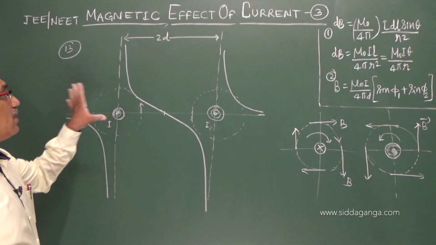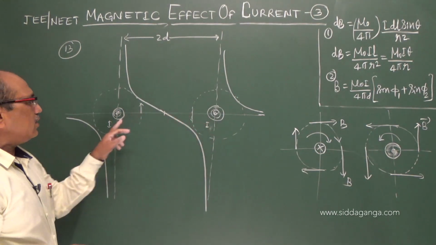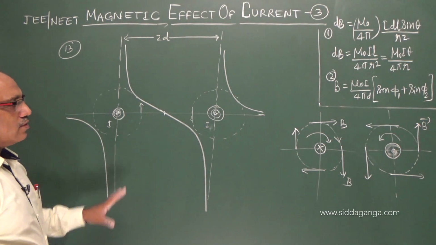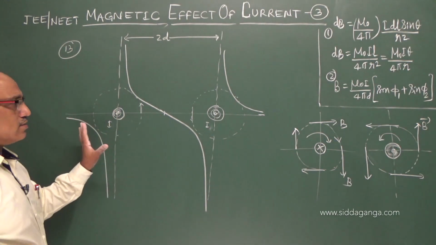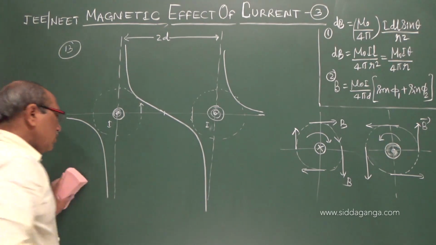This is the nature of the magnetic field that appears in case of two conductors carrying current in the same direction. This one method directly can assess it, or with the relation I will show you how this happens, even mathematically.